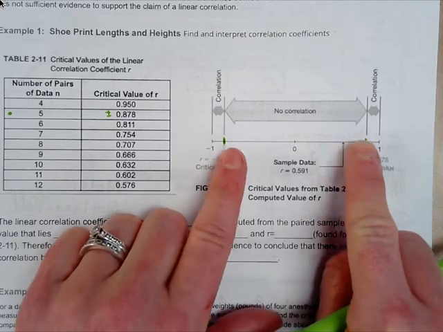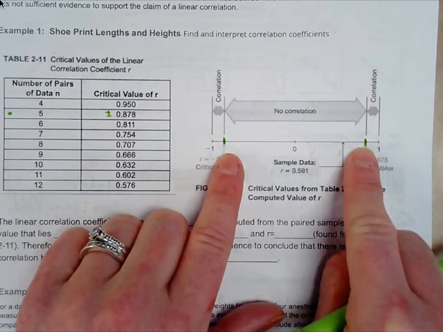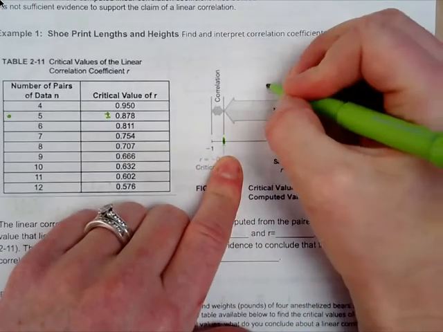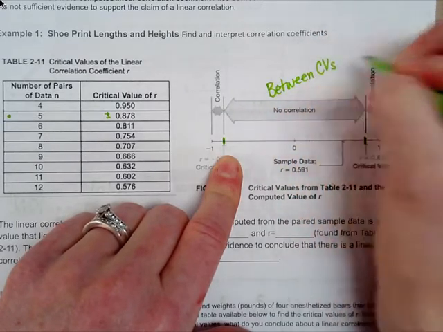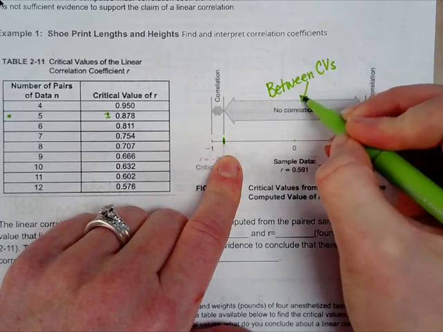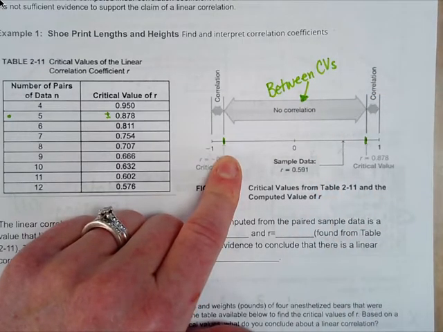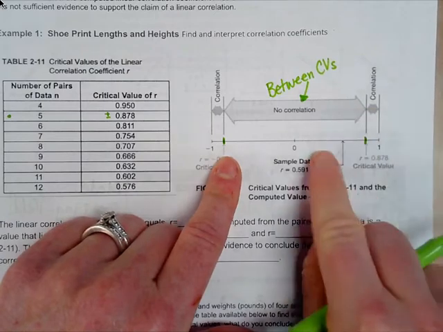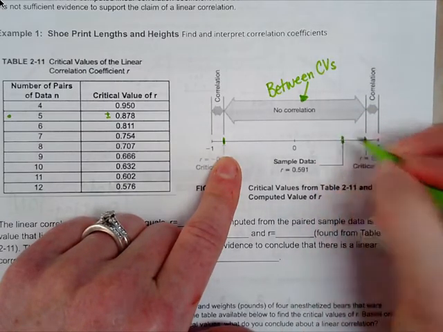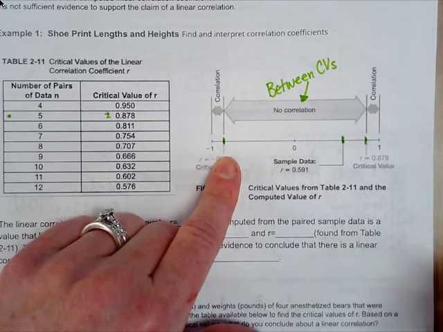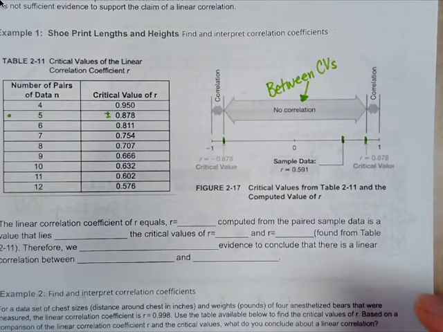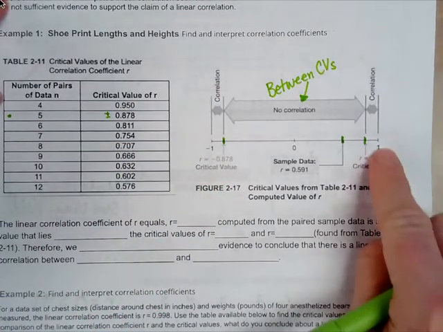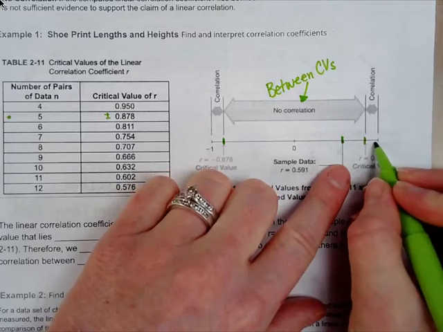So anything that is between your two critical values means no correlation. So I'm going to put it right here. Between CVs means no correlation. This is where our data fell. And then if it's in the left tail, let's say it came out over here.